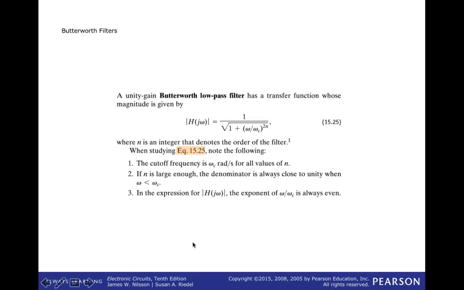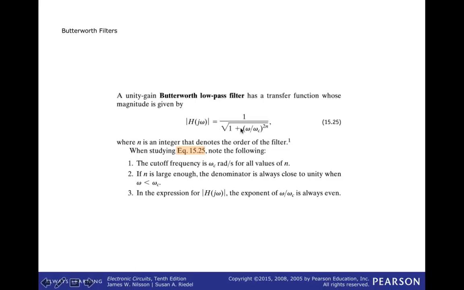So this is going to be 1 over 1, which means the denominator is close to 1. So as long as omega is less than omega c, and I raise this to a power greater than 1, this number gets small, this denominator approaches 1, and the magnitude of my transfer function also approaches 1.